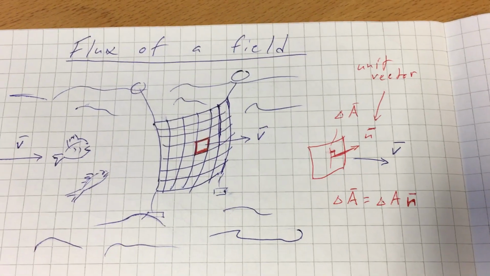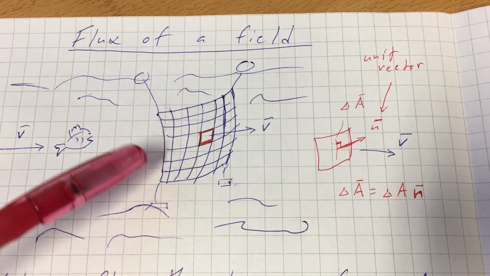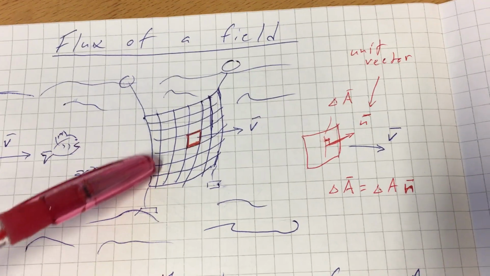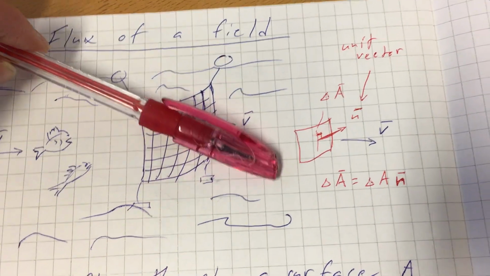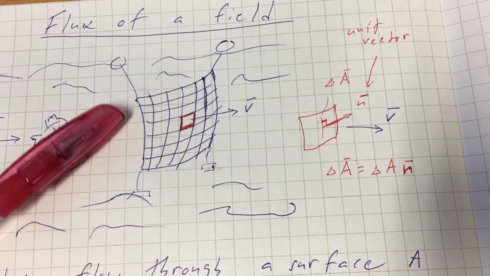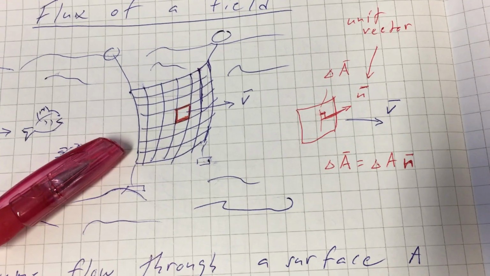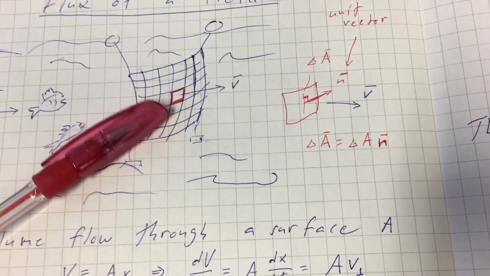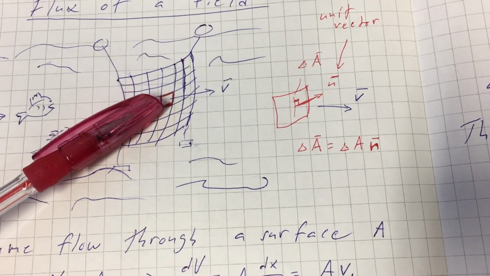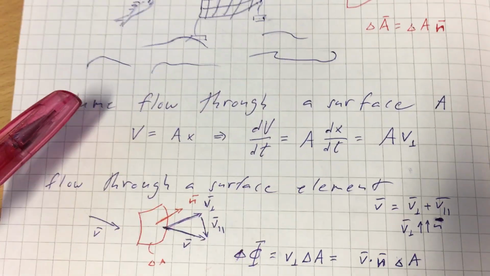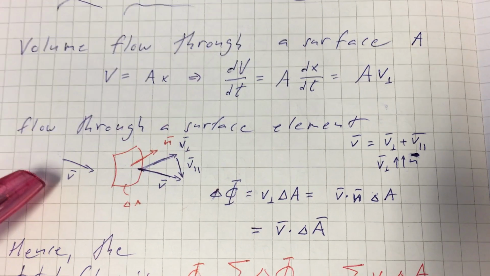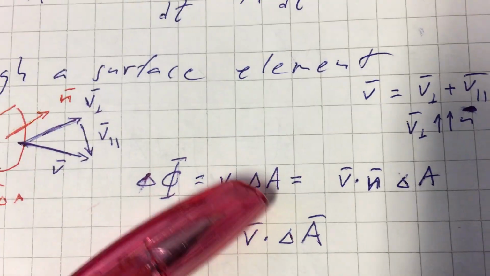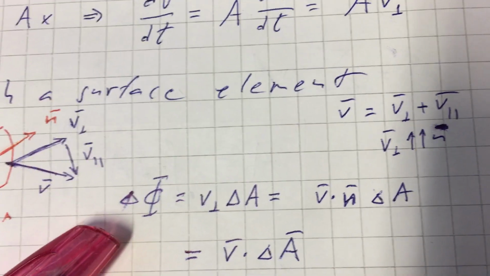But if we have an arbitrary shape of surface, or the velocity is position dependent, what is actually the direction of the flow, and what is the area of the net? So we need to look at the flow through the small elements. So we look at flow through a surface element and define the flux element.